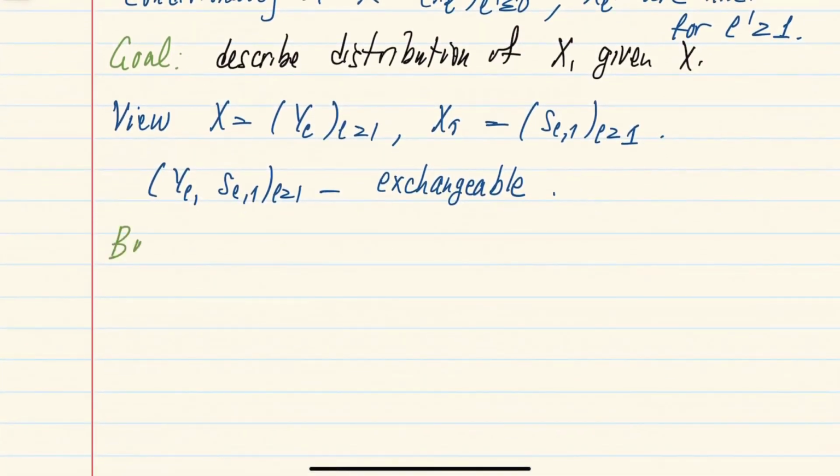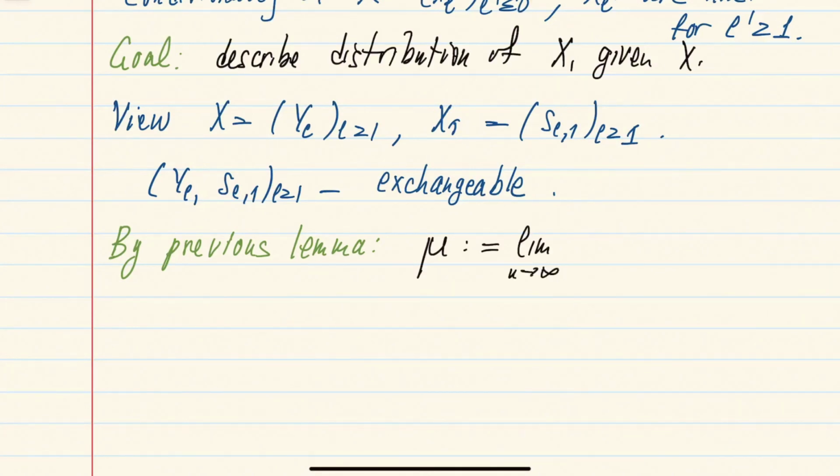So by the previous lemma, if we denote by mu the empirical measure of the sequence Y, now recall in the previous lemma it was denoted mu_1, but here I will just denote it by mu.